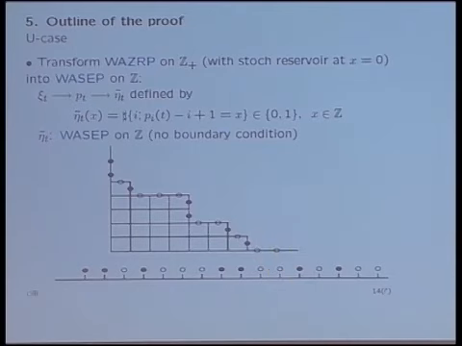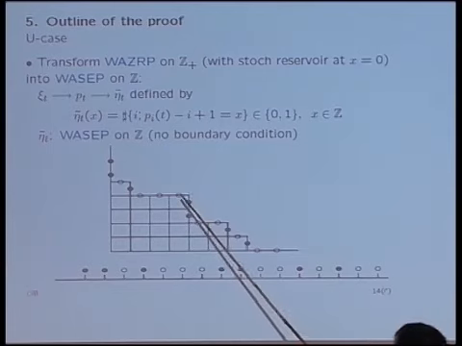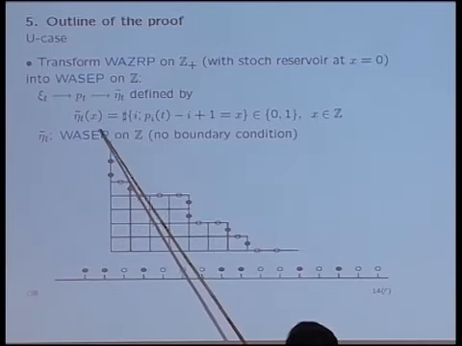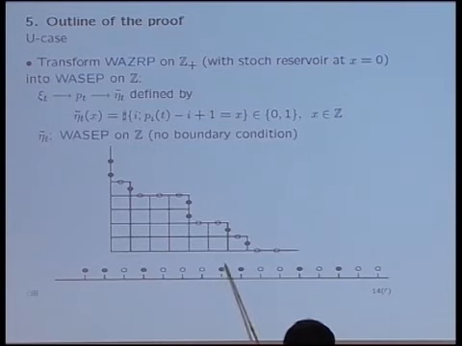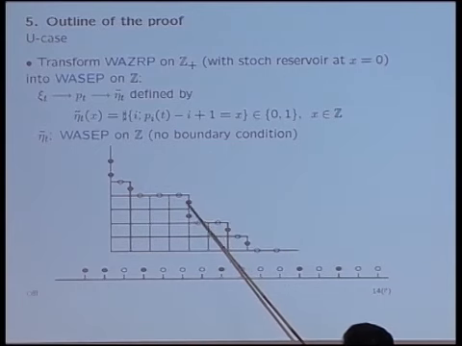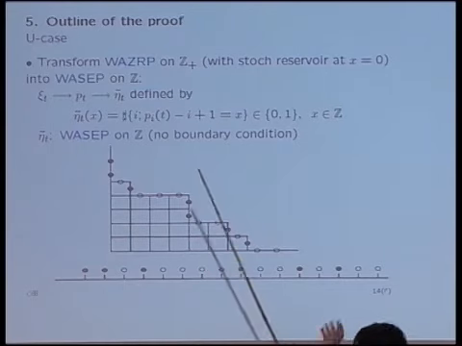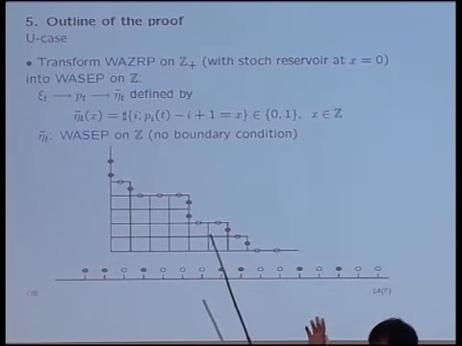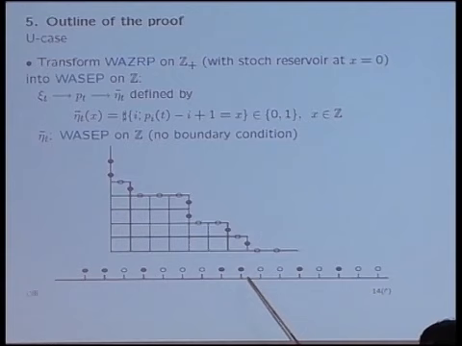Then the nice thing is that the particle number is always at most 1 after transformation. Before transformation, of course, 2 particles can sit at the same site, but after rotating 45 degrees and projecting, only 1 particle can sit at most.